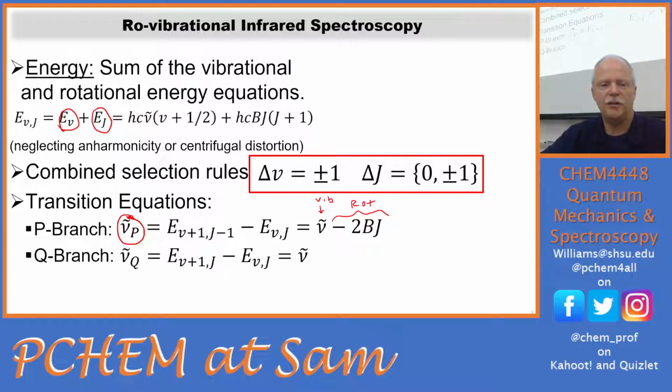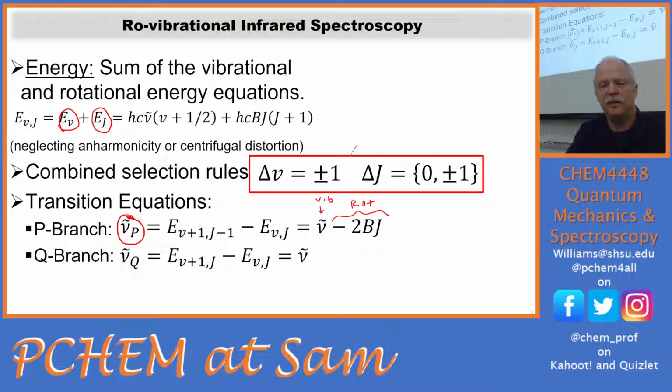For the Q branch, since there's no change in the rotational levels, we don't have any rotational information. So it's just the vibrational frequency. That tells you the Q branch will be right on the vibrational frequency. So if you want to know the vibrational frequency for that transition in CO2, just find that Q branch, and that's your vibrational frequency.